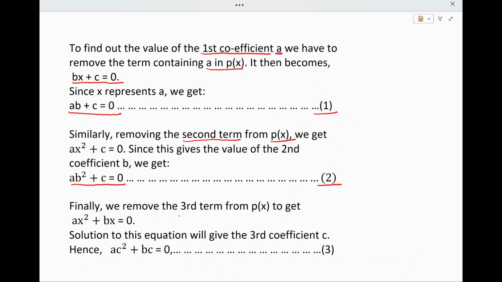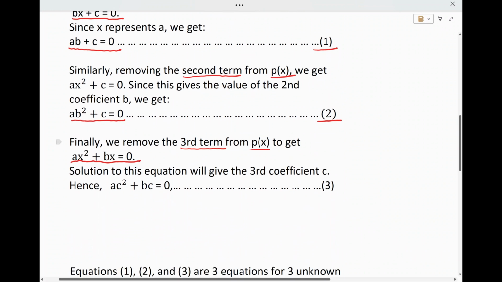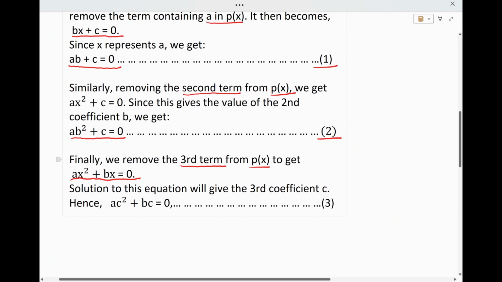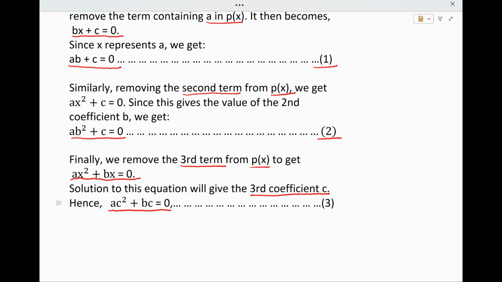Finally, we remove the third term from P(x) to get ax² + bx = 0. The solution to this equation will give the third coefficient c. Therefore, ac² + bc = 0. Let us call it equation 3.